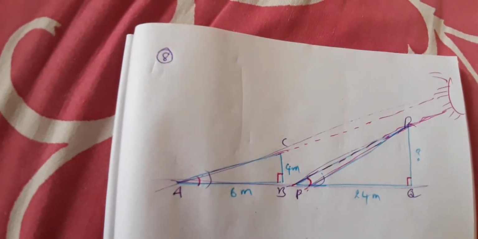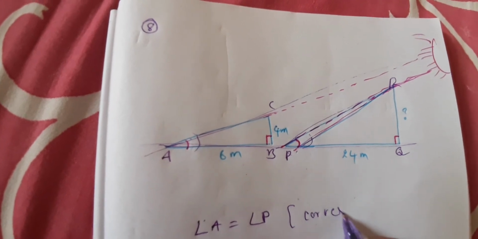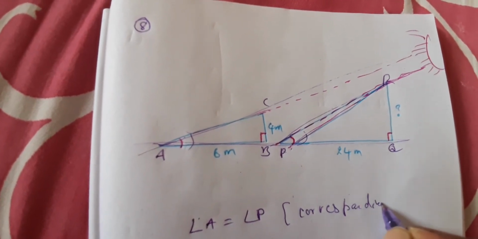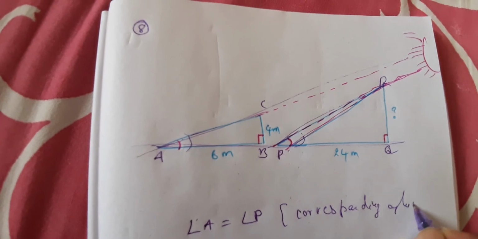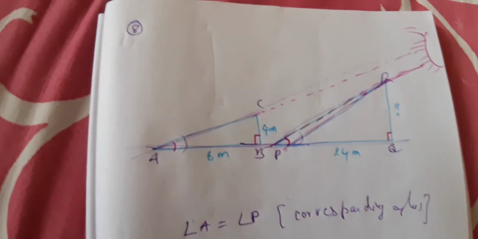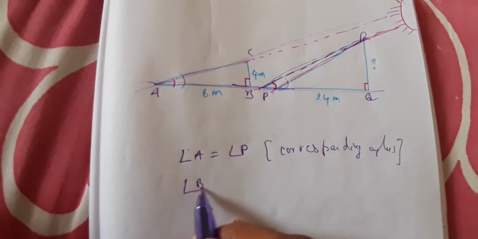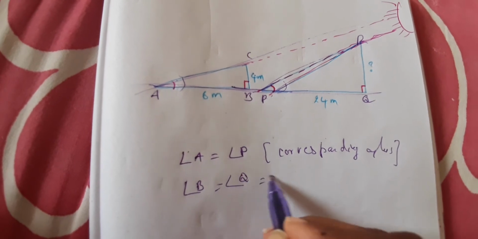Angle A is equal to angle P, corresponding angles. To avoid confusion, you can draw a common base, children. Then angle B is equal to angle Q is equal to 90 degrees.